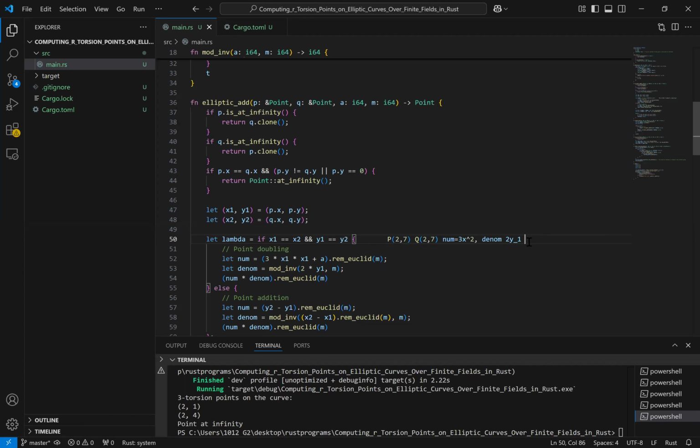Now, let me just show you what we normally do. What we normally do is the change in y over change in x. But for the same point, we then use 3x squared plus a. I had forgotten a, 3x squared plus a.